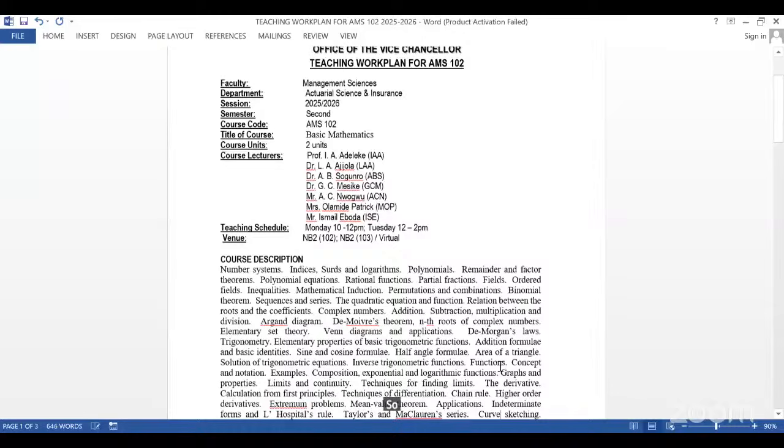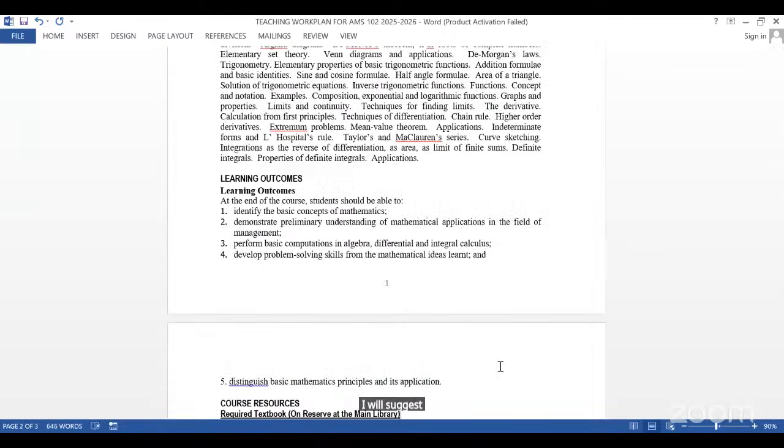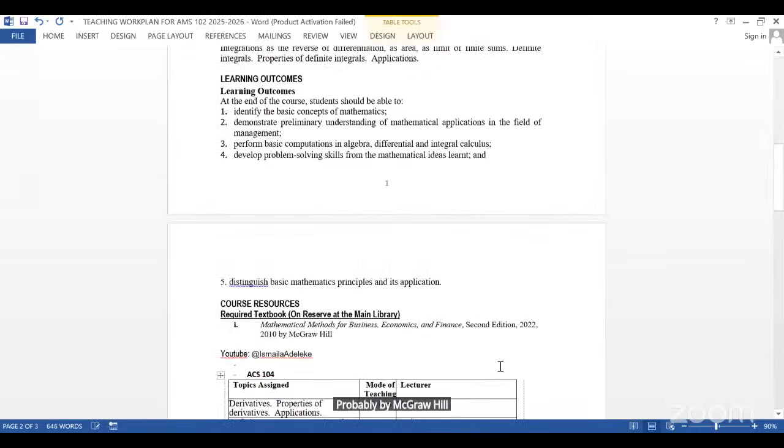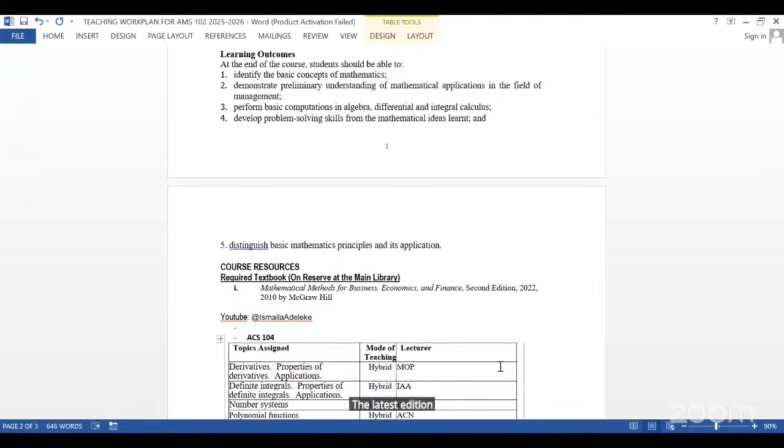The learning outcomes, amongst others, include ability to identify basic concepts of mathematics and appreciate its application to business. I suggest we get copies of Mathematical Methods for Business, Economics and Finance published by McGraw-Hill. You can get the latest edition if you can.